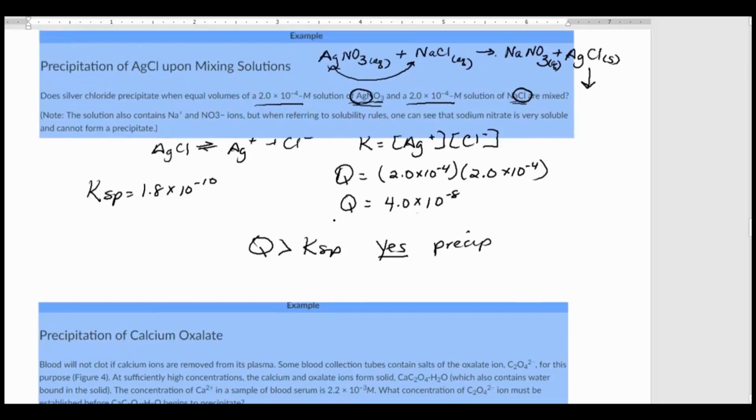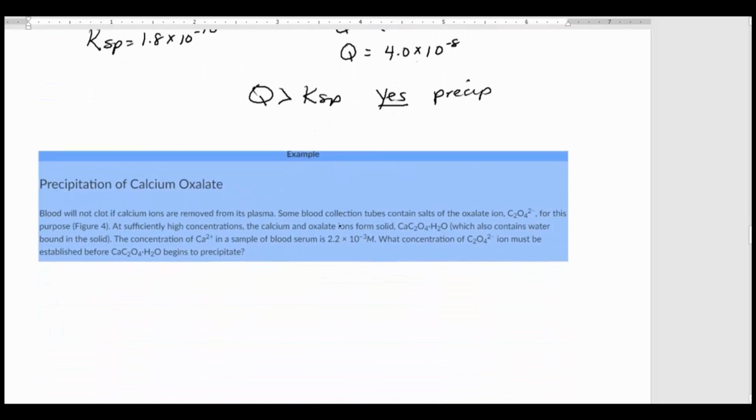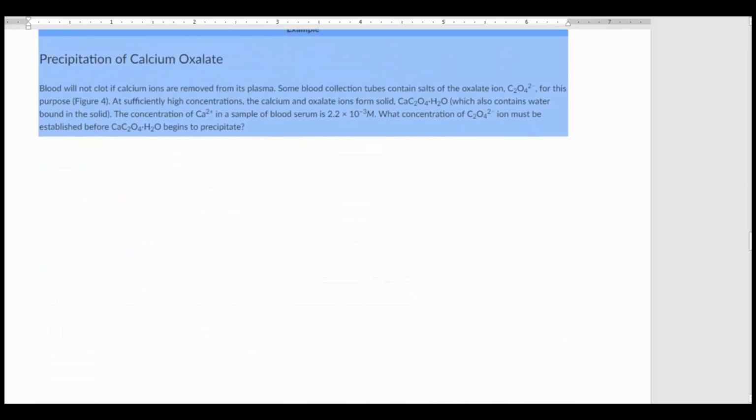Now we can also take our KSP value and calculate concentrations that we need. For example, in this example for calcium oxalate, we want to know at what concentration of calcium and what concentration of the oxalate must be established before we get a precipitate.